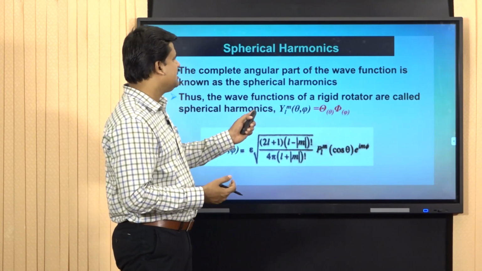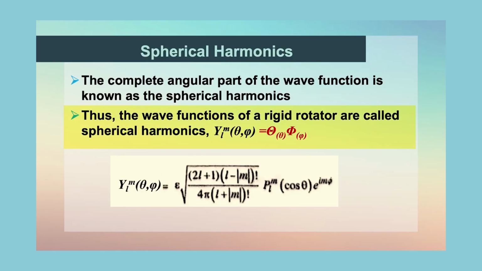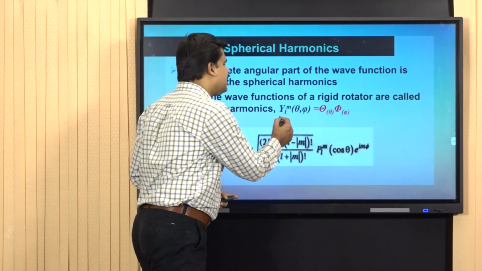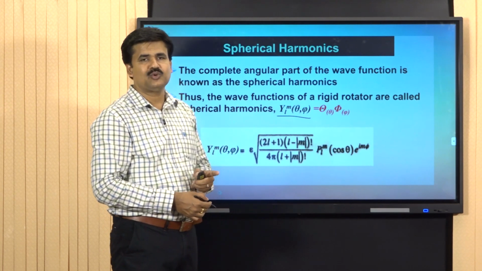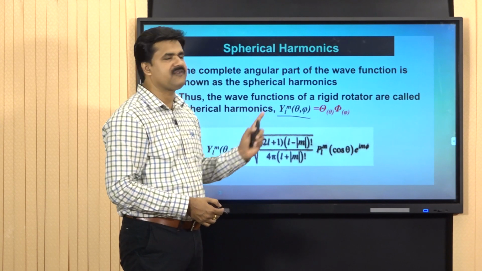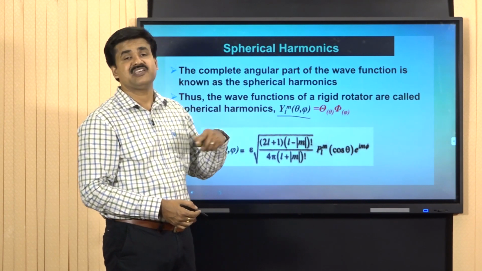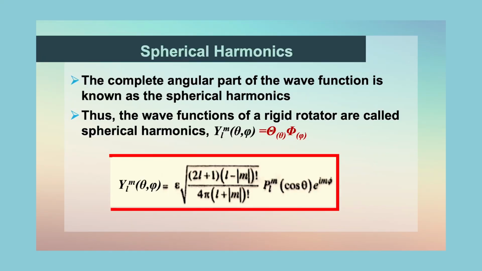Hence, the complete wave functions of a rigid rotator are called spherical harmonics, denoted by Y L M theta phi. Y L M theta phi is equal to theta of theta into phi of phi. We already learned that psi of theta phi is equal to theta of theta into phi of phi, which is now represented as spherical harmonics.